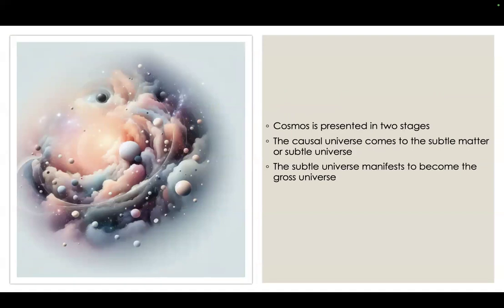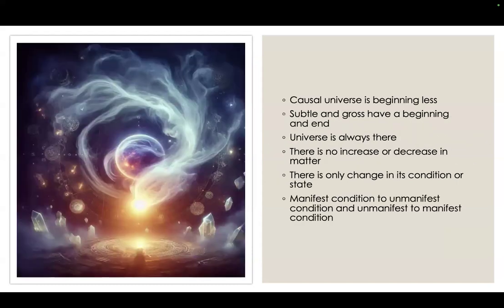Now, do you think the gross body existed as soon as it came from Maya? No, it comes in two stages. One is subtle, that is the Sukshma part, and from the Sukshma part comes the gross part. So it comes in two stages. Let's see the difference between the causal, subtle, and gross. The causal universe is beginningless. Maya is beginningless. Subtle and gross have a beginning, a born date and an end date.